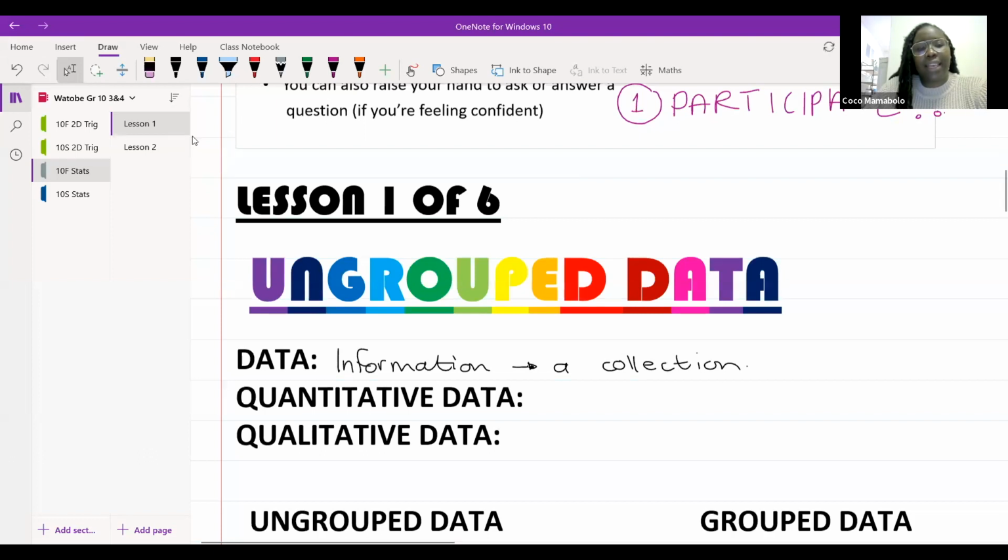I see Enkle's hand is up. Do you want to unmute for me? Hello, Enkle. I wanted to explain the meaning behind data, but then it's fine. No, absolutely. Give me a definition.